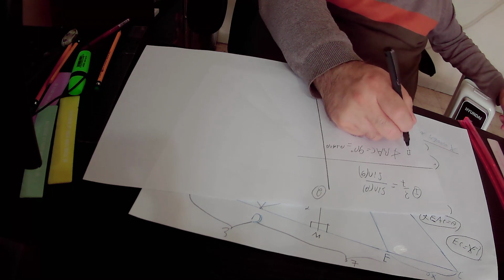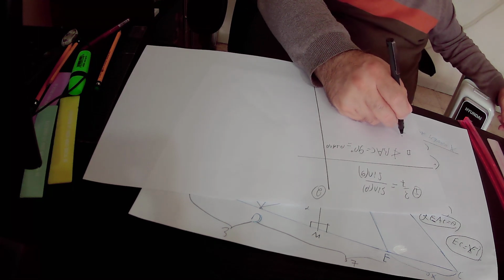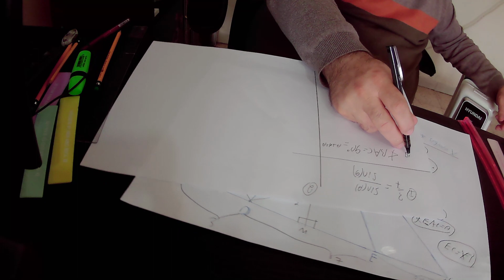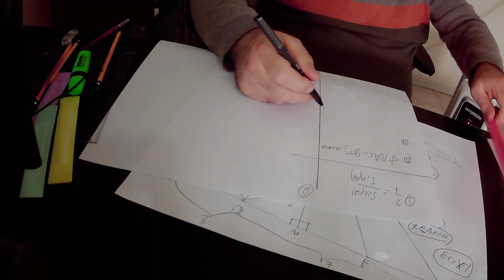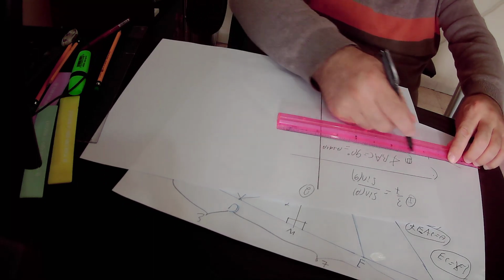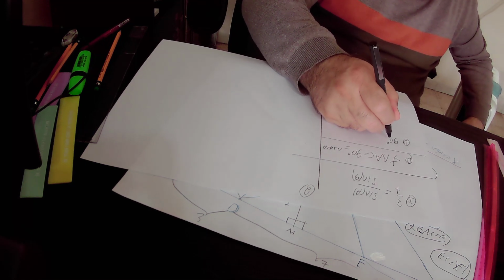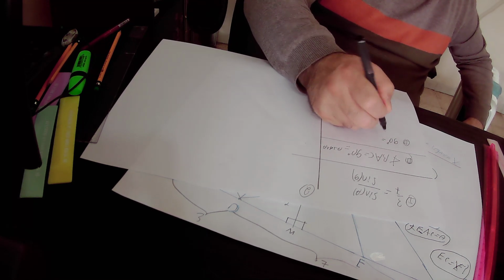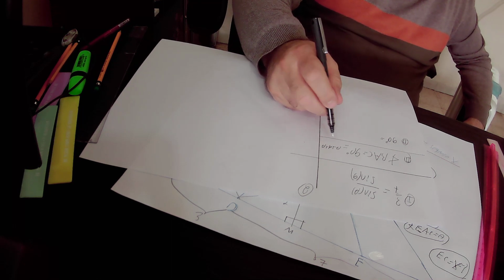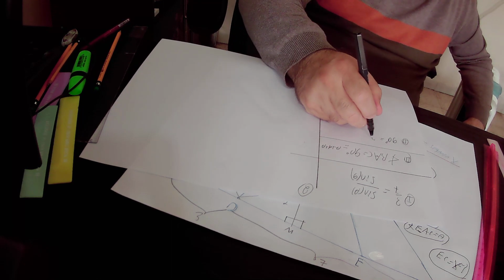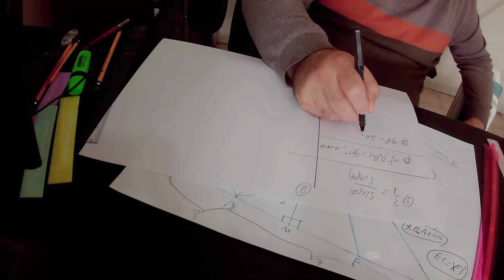So here we get that 90 degrees, according to equation number 2, 90 degrees equals theta plus theta is 2 theta plus alpha.